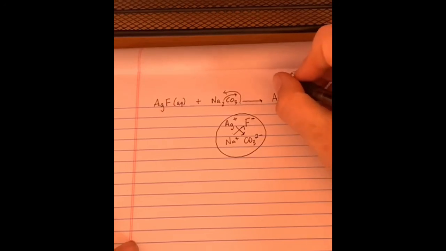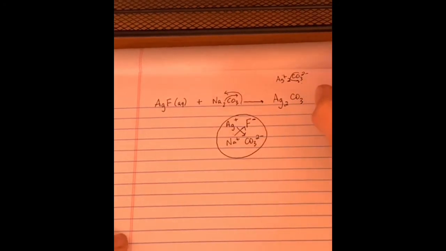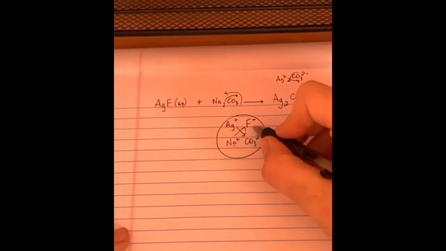So we get Ag2, and CO3 is a -2, but there's just a 1 coming down, so it's Ag2CO3, plus sodium plus and F minus. So Na plus F minus is sodium fluoride, NaF.